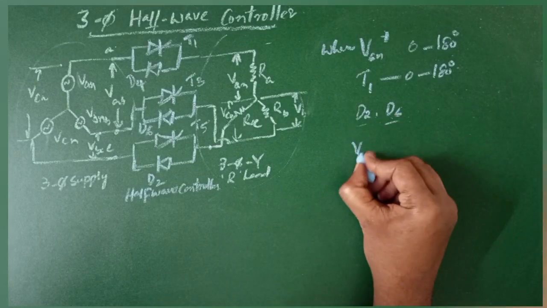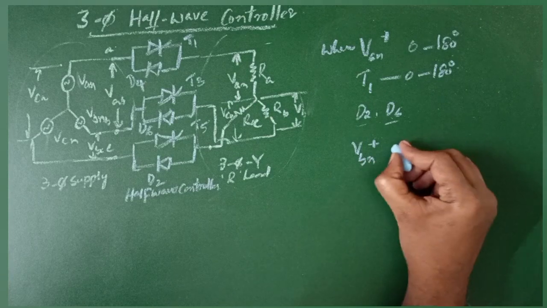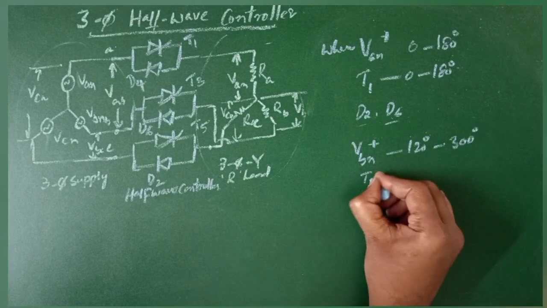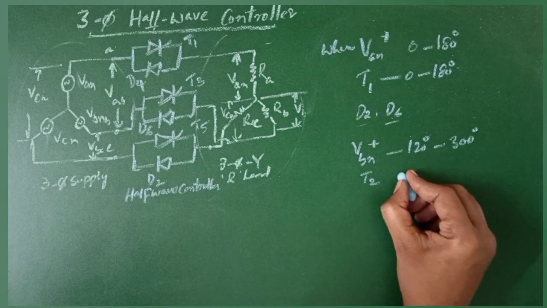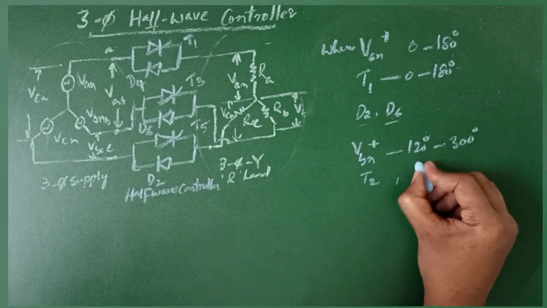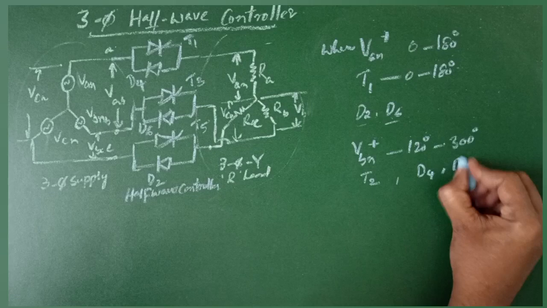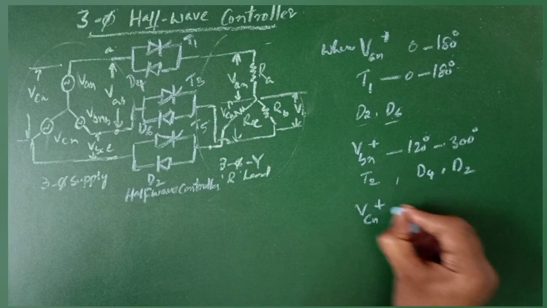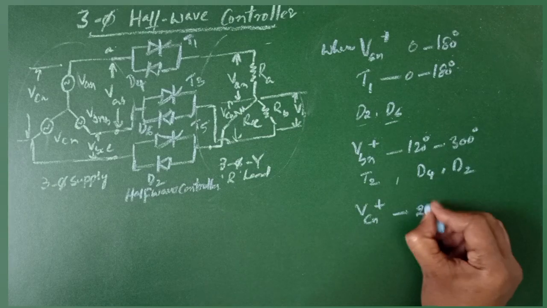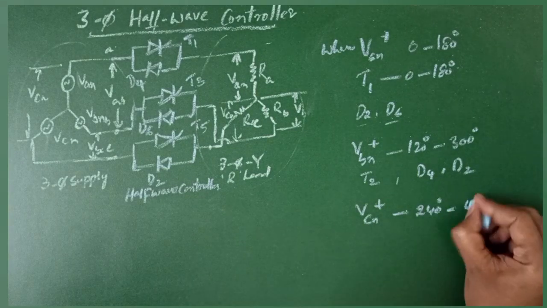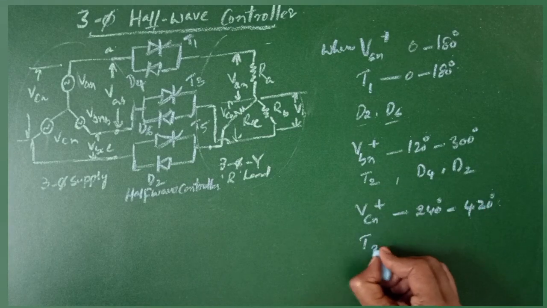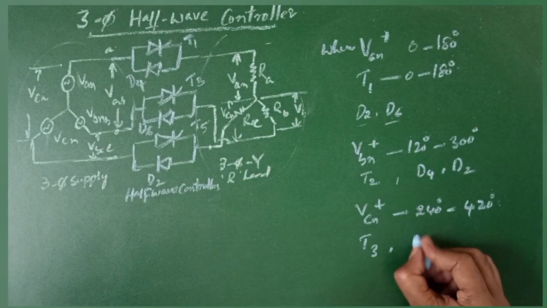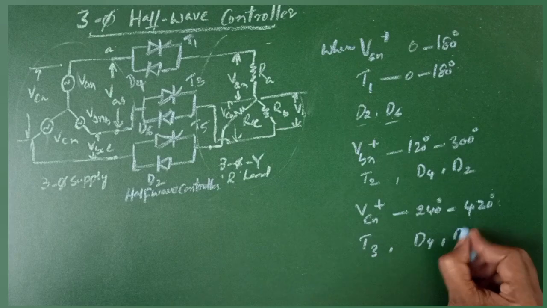Similarly, when VBN is positive, that is from 120 degrees to 300 degrees, T2 is turned on and the return path is shared between D4 and D2 or by both. Similarly, when VCN is positive between 240 and 420, T3 is triggered, then the return path will be shared between D4 and D6 or by both.